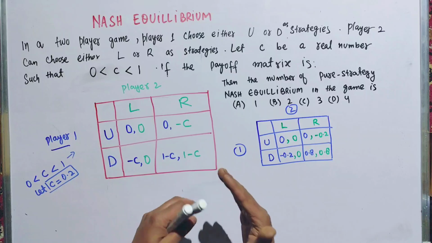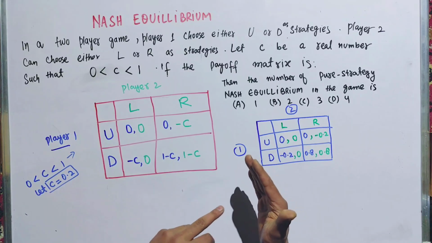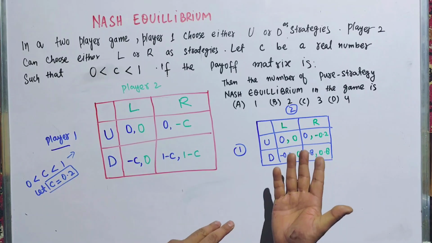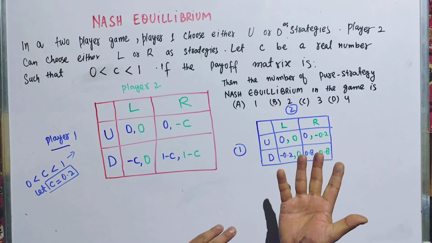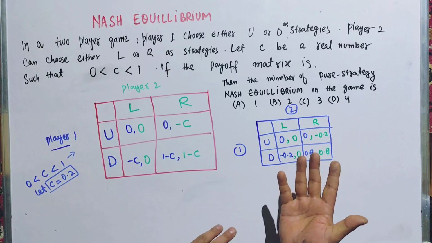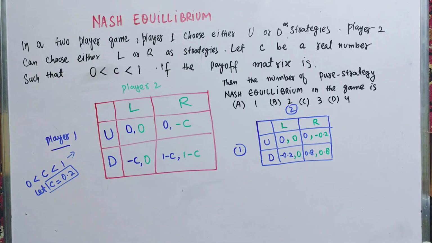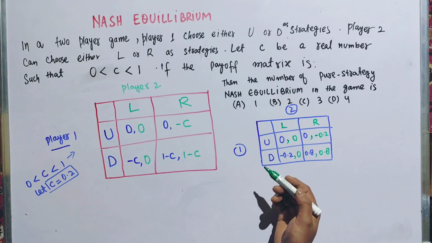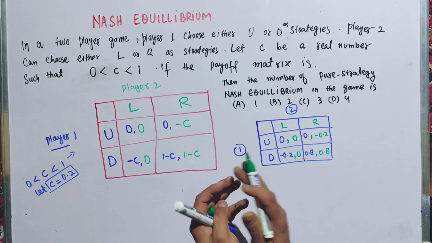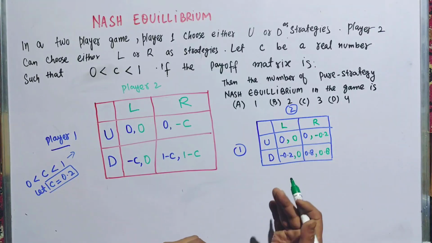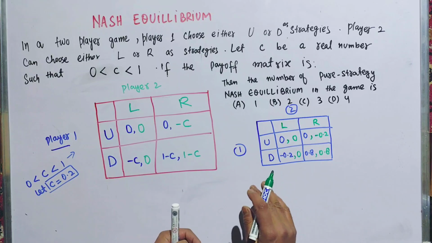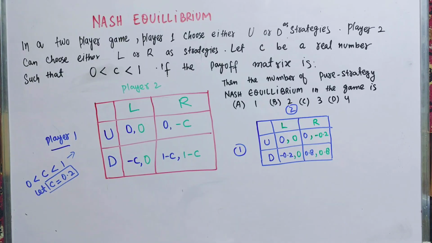In Nash equilibrium, each player chooses the strategy that maximizes his or her expected payoff given the strategies employed by the others. Or simply, each player chooses their best strategy given the other player has also chosen their best strategy.